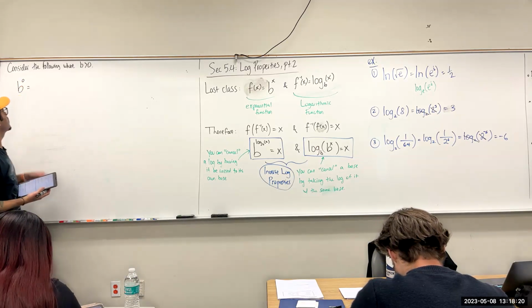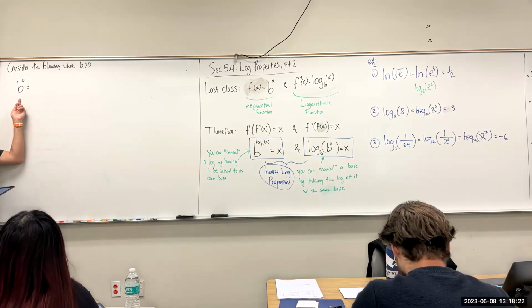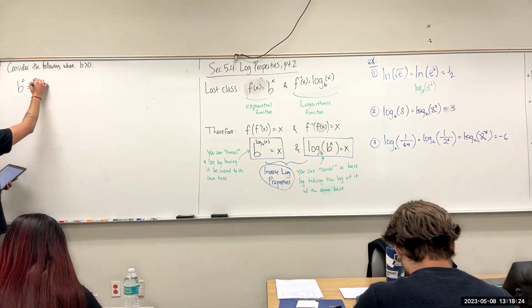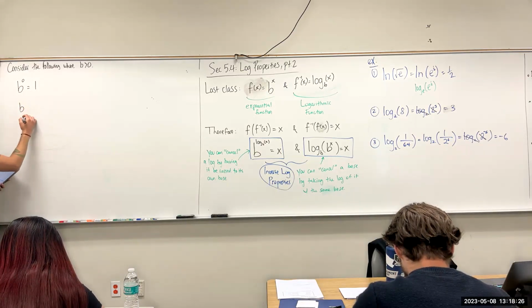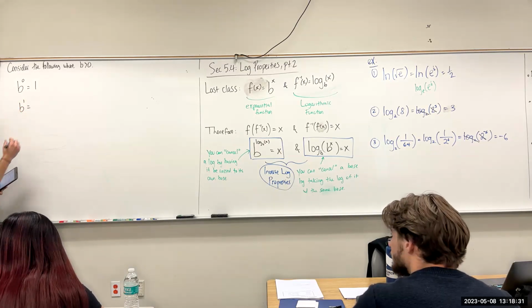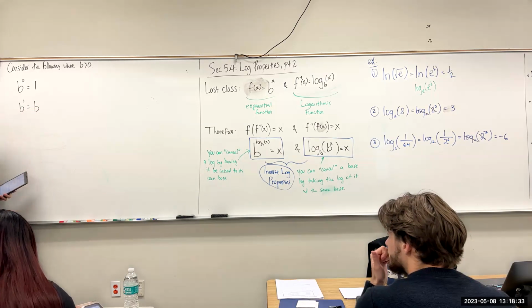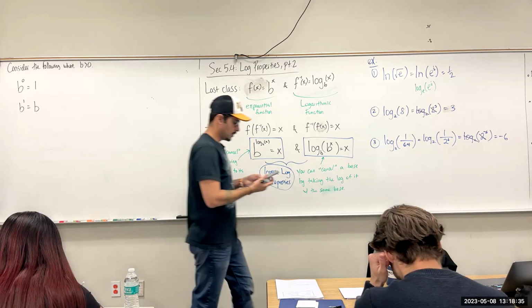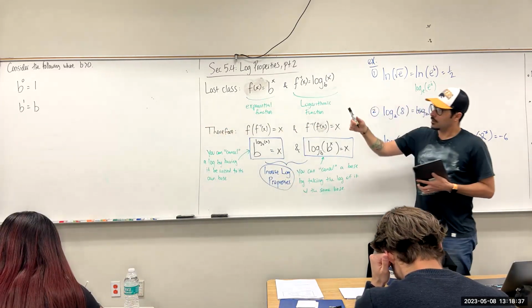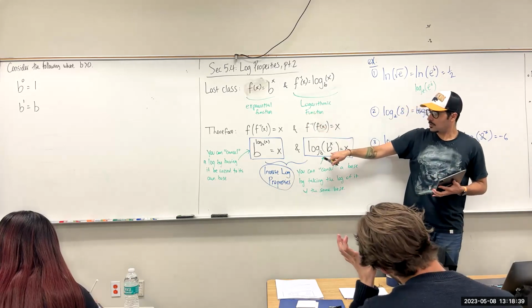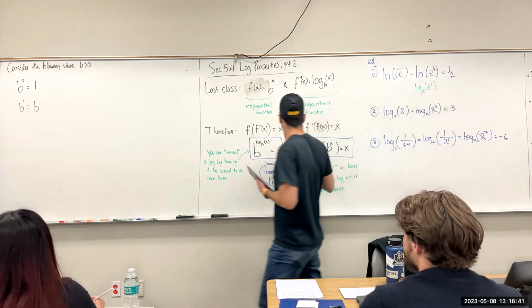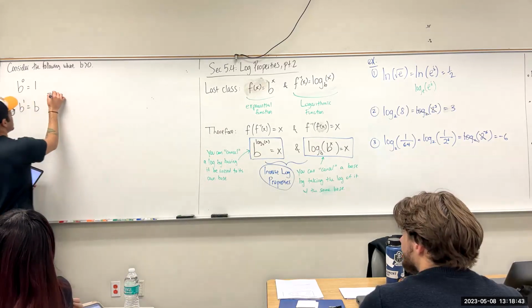A positive number raised to 0 will always be 1, right? What about that same positive number raised to the power of 1? It's itself, right?